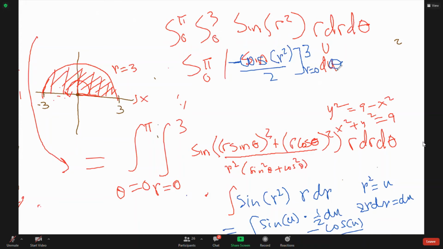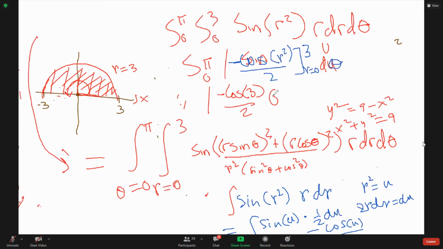We have a couple of minutes. Can I finish it? You wouldn't have to do much more, because that is going to be constant when you apply r equals 3. To finish it, it ends up being negative cosine of 9 over 2.